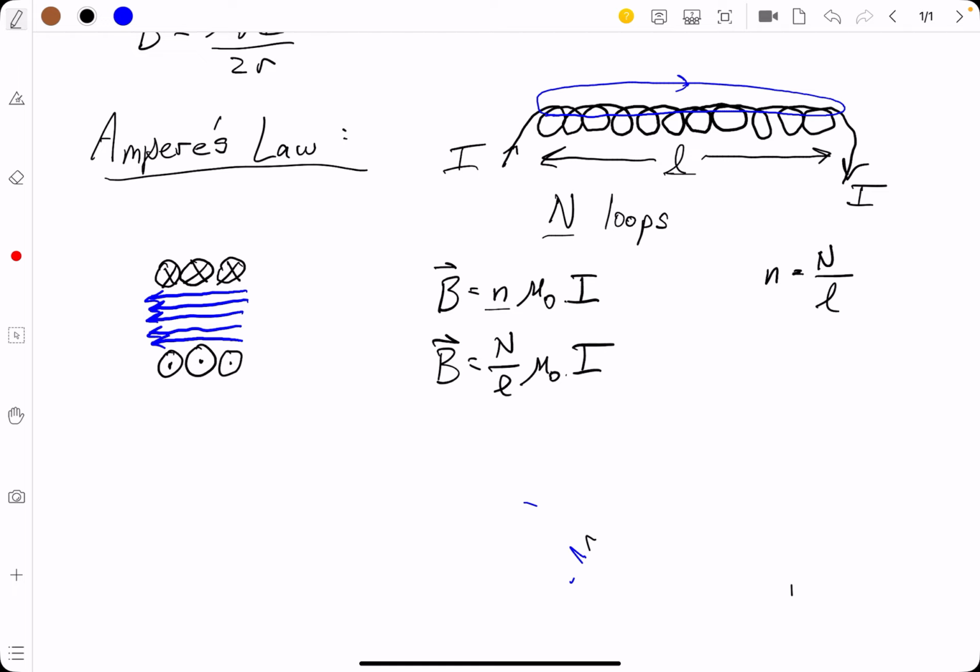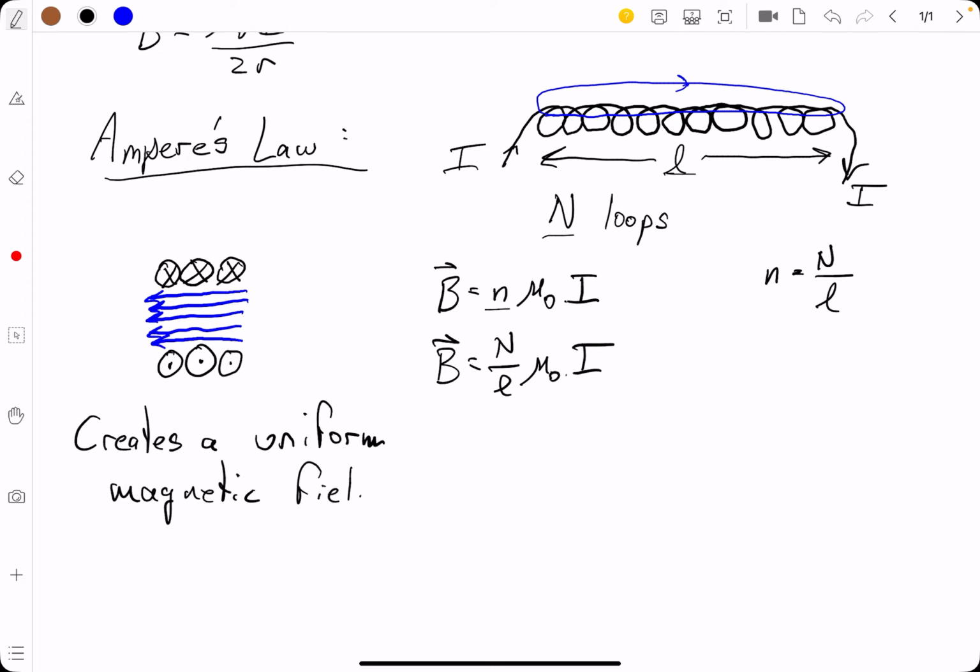And most importantly about this situation is that we are creating a uniform magnetic field on the inside, okay?